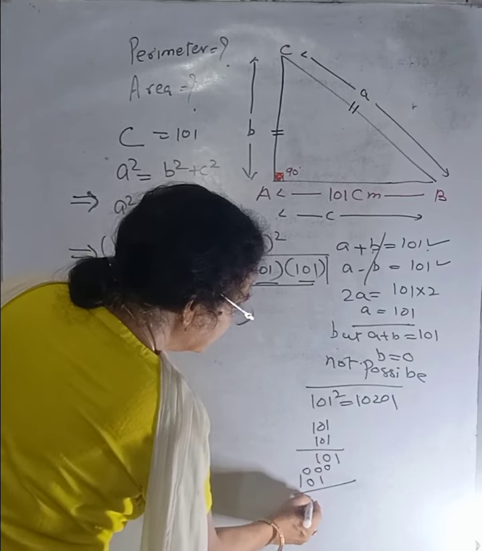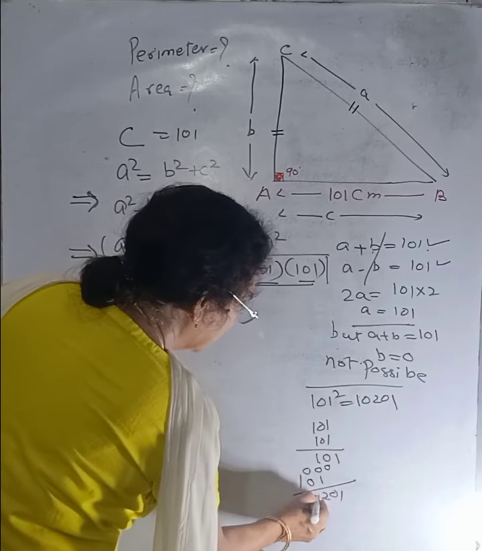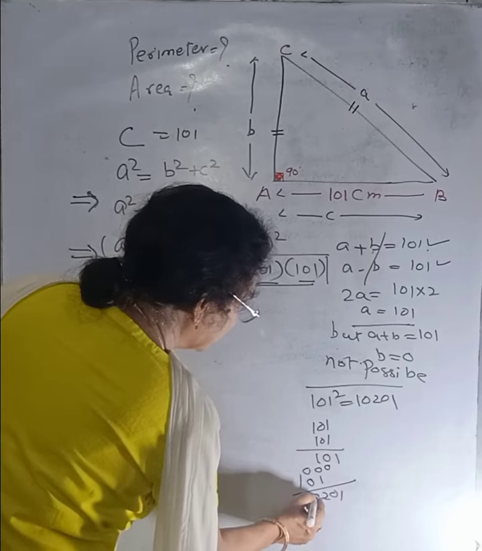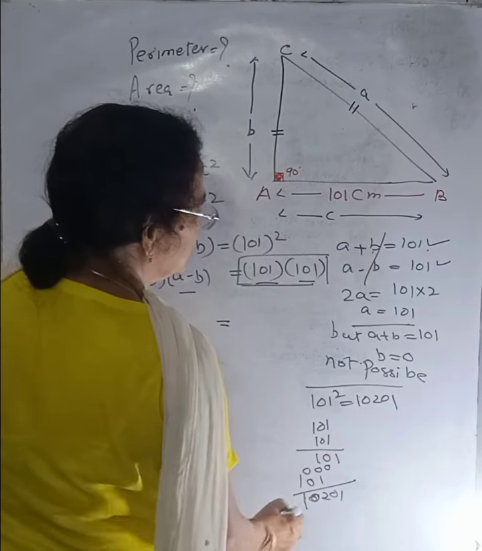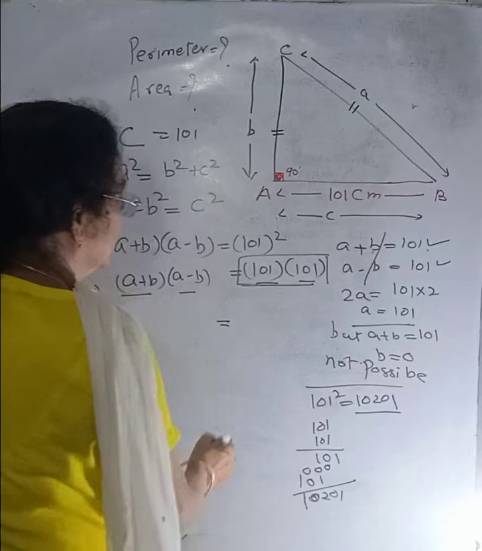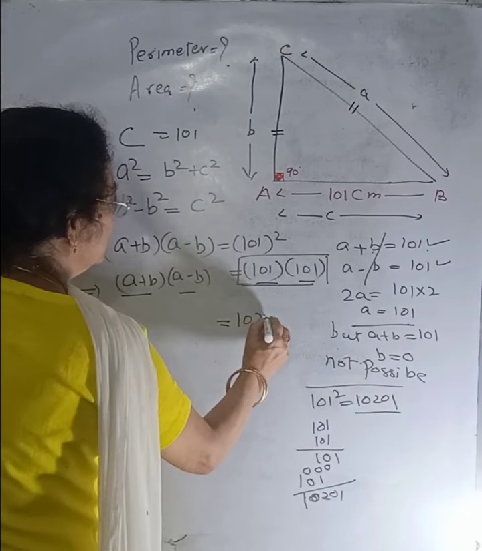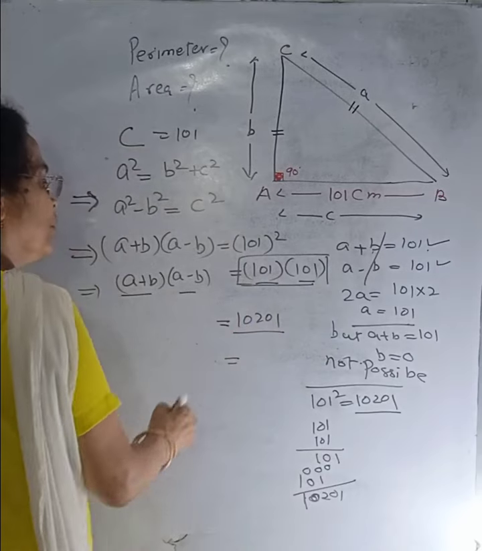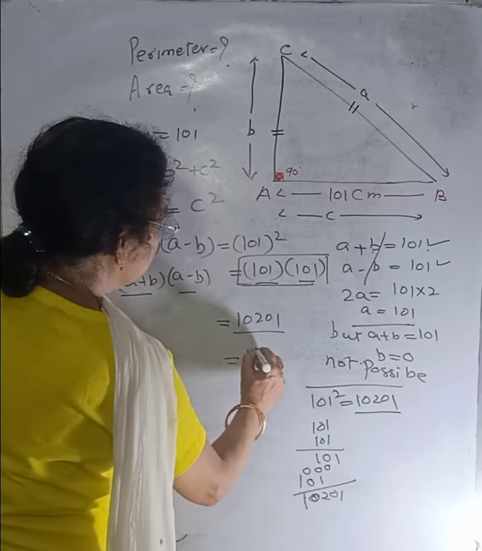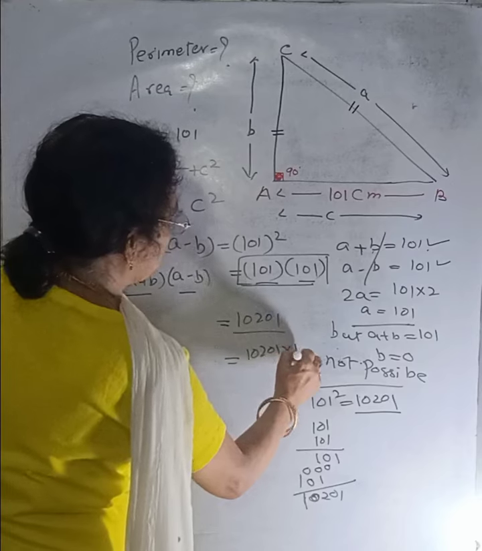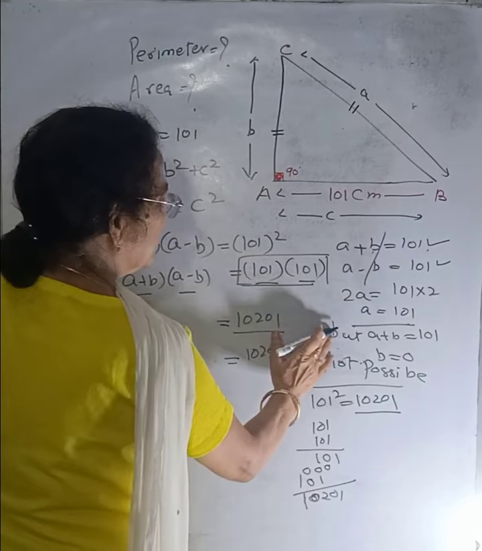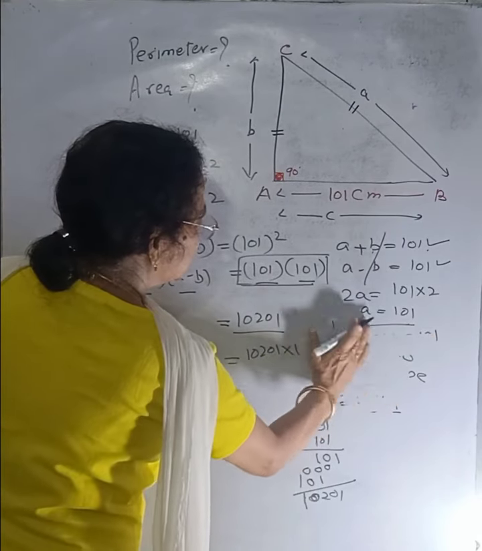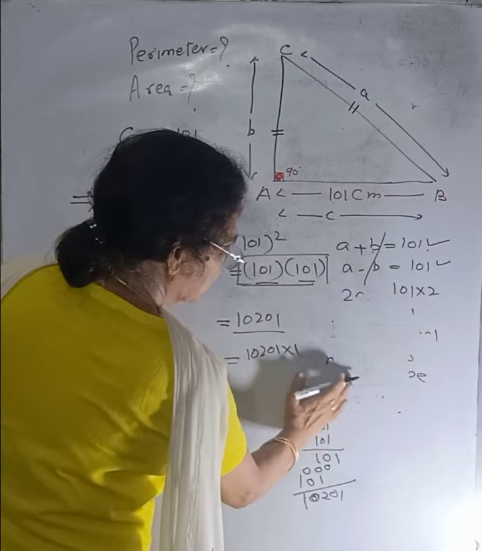We'll get here 10,201. Square of 101 is equal to 10,201. Now the product of this, इसके product को हम क्या लिख सकते हैं? 10,201 into 1. Okay, this case is not possible, so that this will be rubbed. I am going to rub this.